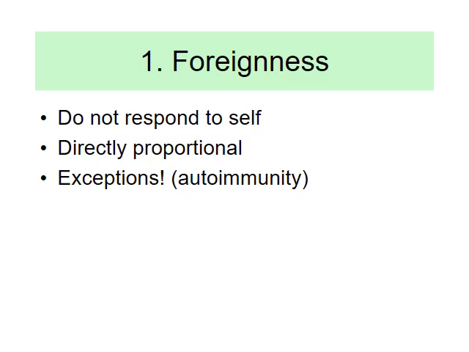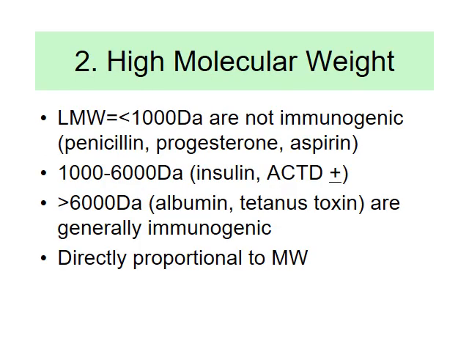Now, systems can fail. Best of all, the human system will fail. So we'll discuss how and why so we can fix that. So you can see over here, foreignness and autoimmunity is one reason. We talked about high molecular weight, and then pretty much the same. And you can also see that penicillin, progesterone, aspirin, you would hardly see anybody reacting to it.